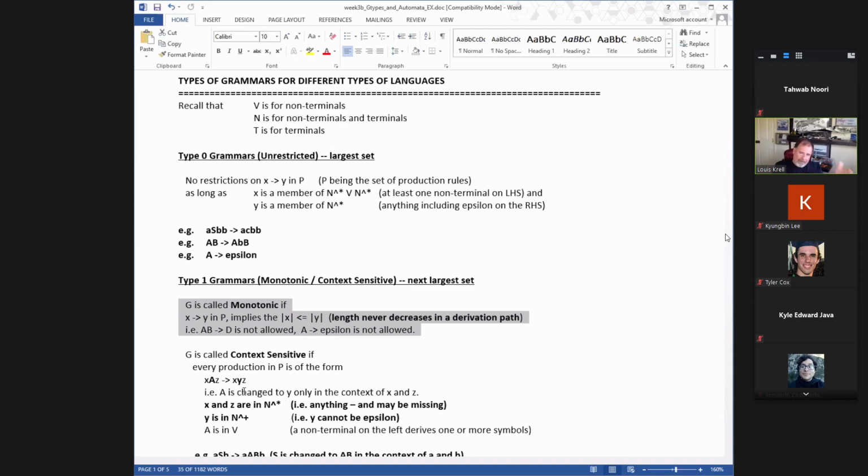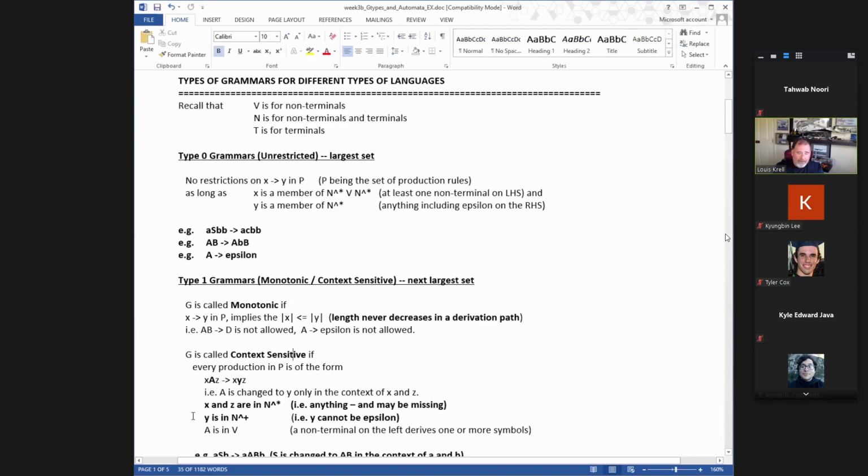I know we talked about A going to epsilon last week when we looked at our recursive grammar production rules, and we went to epsilon to end it. But when we talk about the grammars and the languages that we're going to use in this class, you can actually see that we will not have epsilon on the right. So again, we're talking about our type 1, which is known as context sensitive.